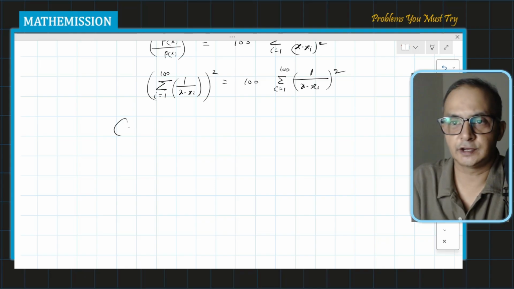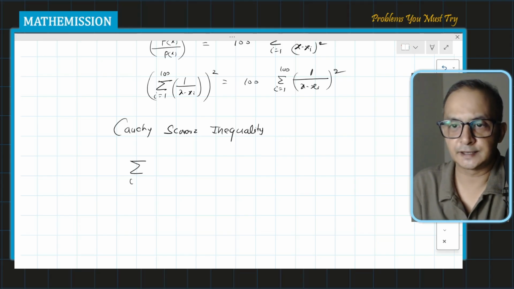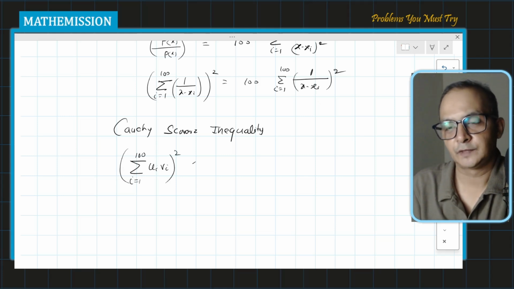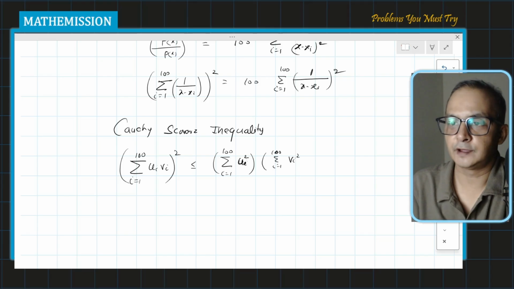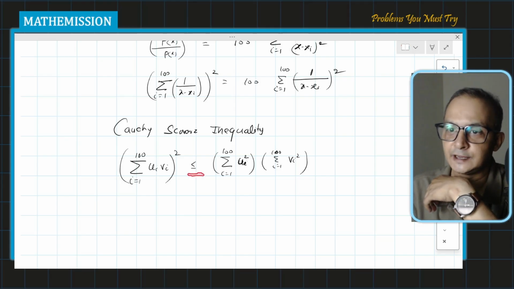The summation, let's say i goes from 1 to 100, taking 100 cases only, of ui vi, the whole square, is less than or equal to summation i goes from 1 to 100 of ui squared, times summation i goes from 1 to 100 of vi squared.